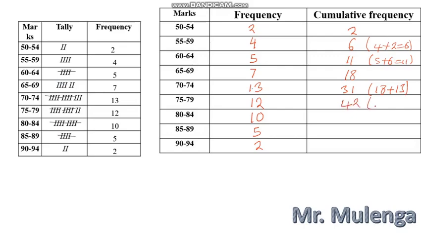We have just added 12 plus 31 is equal to 43. So these that I'm writing in brackets for addition, don't write them. I'm writing them just to show you. Then 10 plus 42, this will give us a 52.